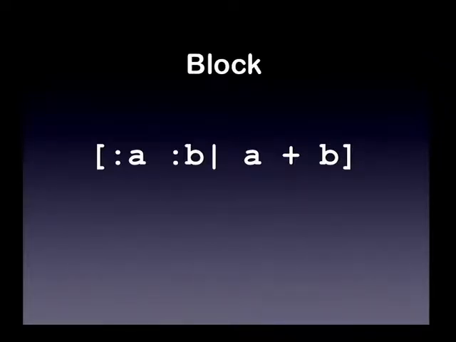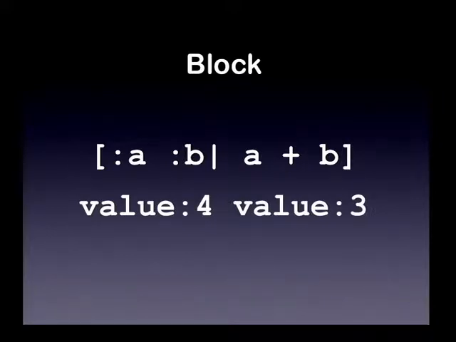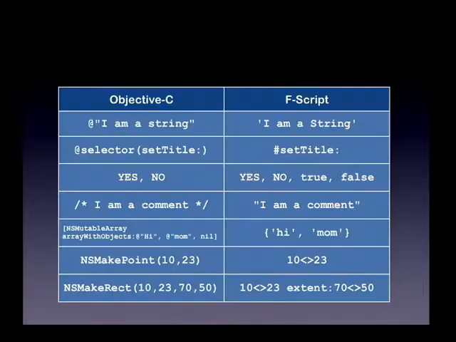We can execute it by sending it a value message like this. And the result, in this case, will be 7. Here is a table that shows other syntax details. As you can see, strings are enclosed in single quotes, and comments are enclosed in double quotes. OK, this is it for the syntax.